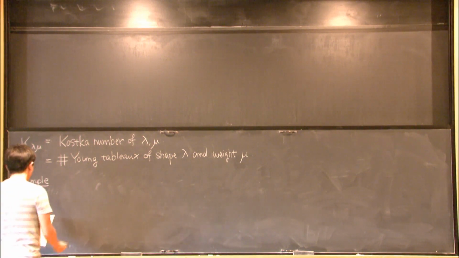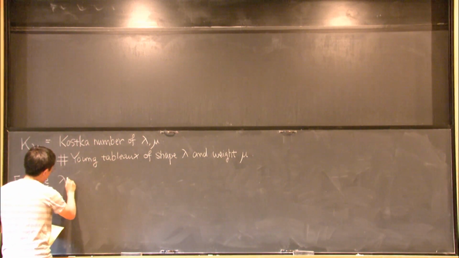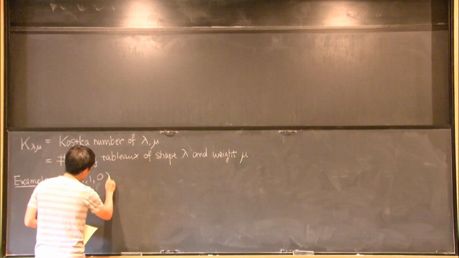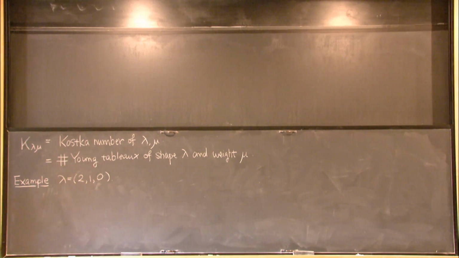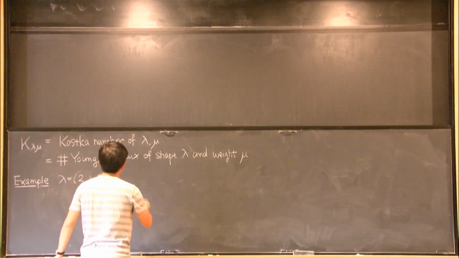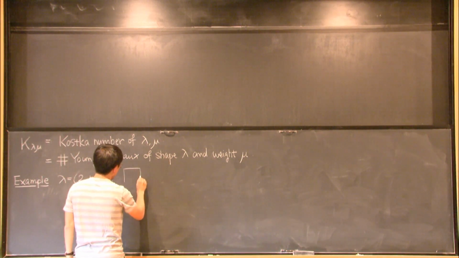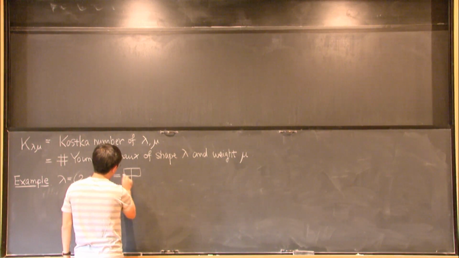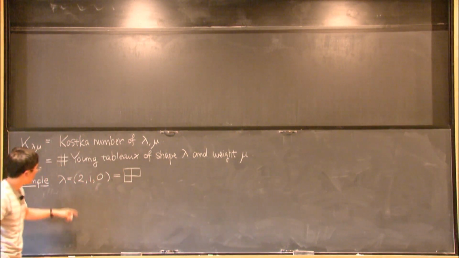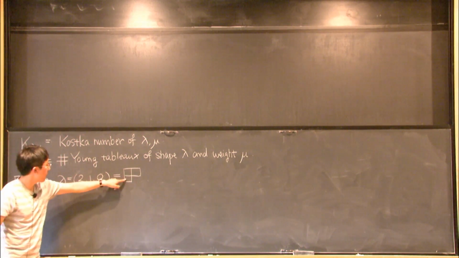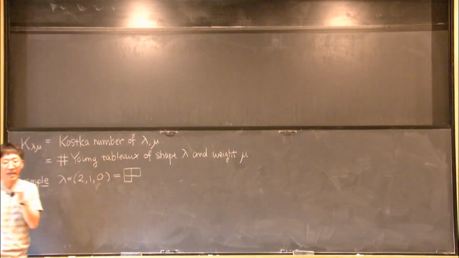Let's say I have a partition of 3, which is (2, 1, 0). In this game, you view a partition as a collection of boxes. Like this. So you have 2 boxes in the first row, 1 box in the second row, and 0 boxes in the last row.